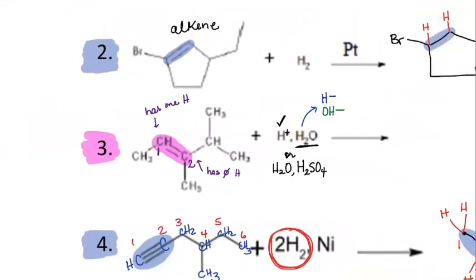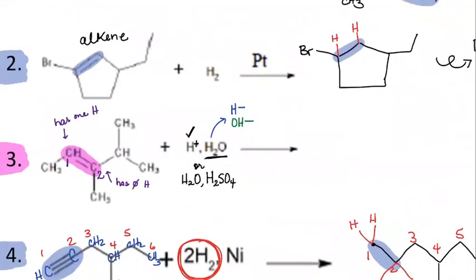So when I'm predicting the product of this reaction, I am going to redraw the molecule. This is carbon with hydrogen. This is CH3. This is CH. I'm writing the product already. This is C attached to a CH3.